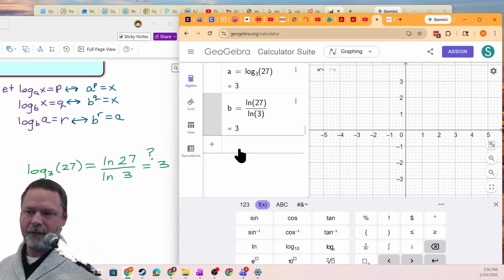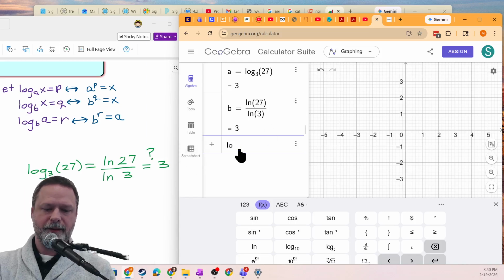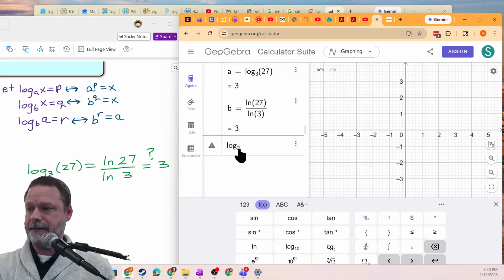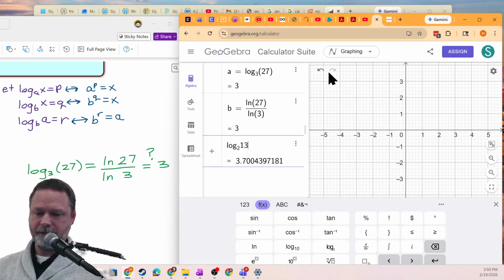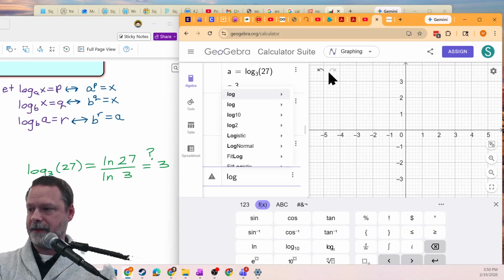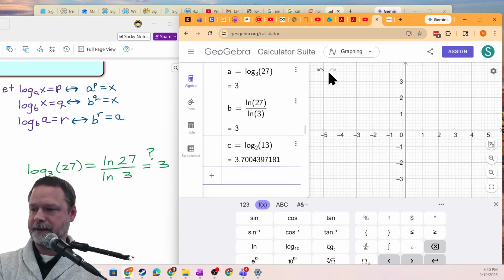All right, let's try one more. Let's try log base 2 of 13. It's going to be a gross number. I'll use log base 10 this time. So log of 13 over log of 2.